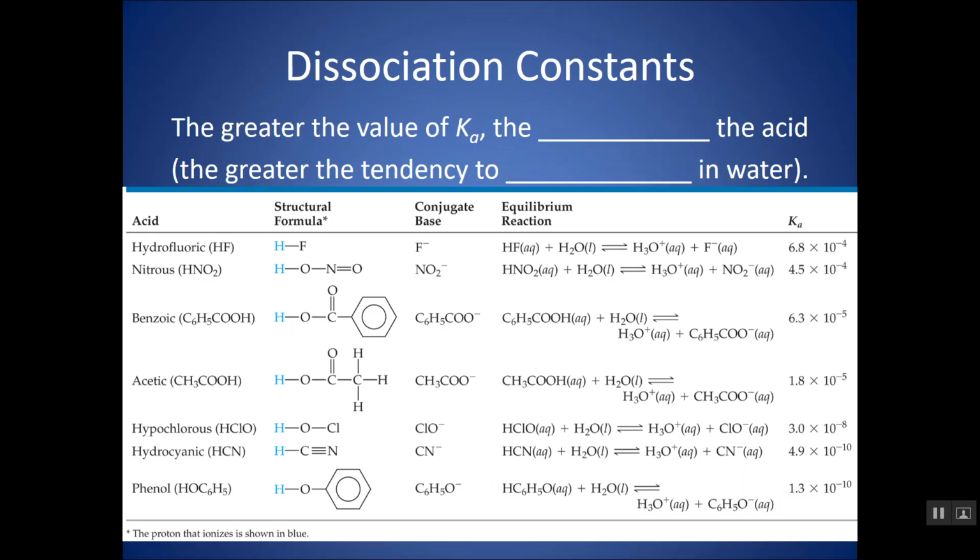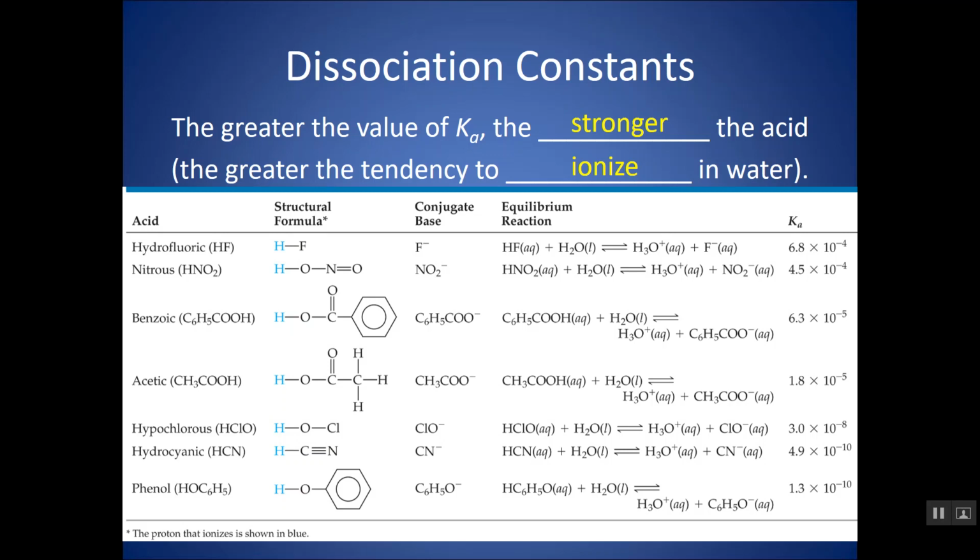The greater the value of Ka, the stronger the acid and the greater the tendency to ionize. You can look up in the appendix of your textbook a bunch of different Ka values for different acids. The larger the Ka, the more ions you have in solution, so the stronger the acid. Just like if you remember Ksp for your ionic compounds, the higher the Ksp, the more ions you had in solution.